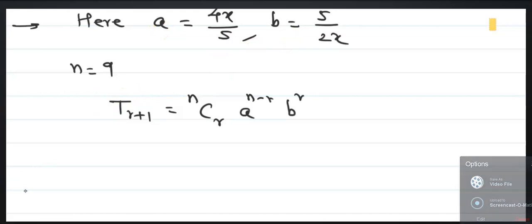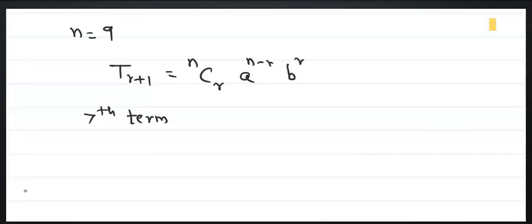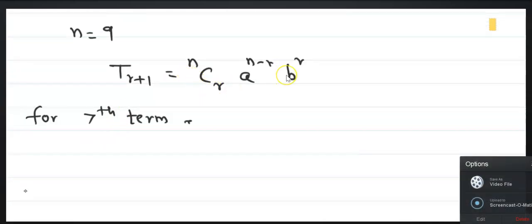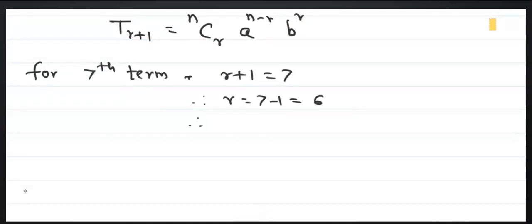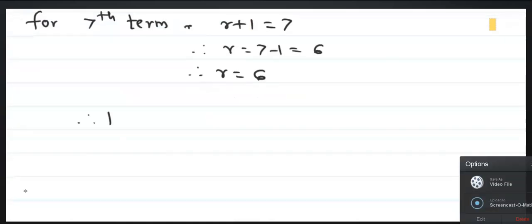And this is the formula, that is t(r plus 1) is equal to nCr a raised to n minus r, b raised to r. We require the seventh term. Therefore r plus 1 is equal to 7, r is equal to 6.